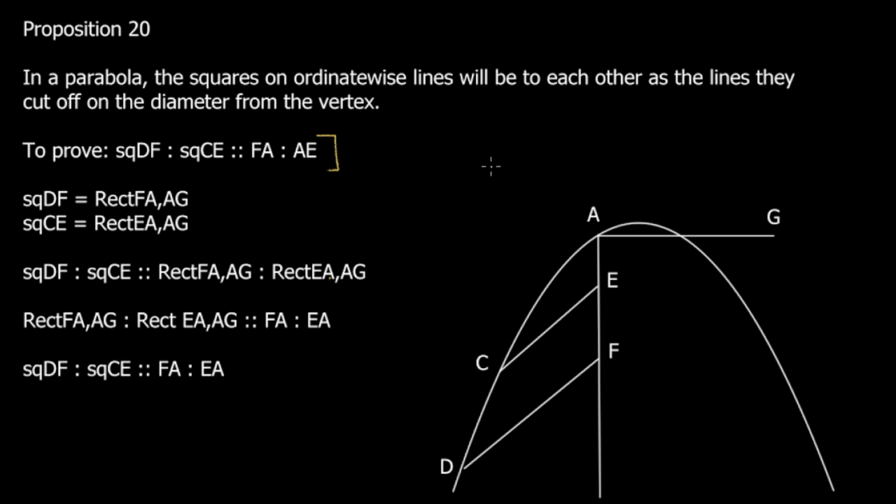And what you'll notice is that this is basically y equals x squared, kind of, right? Because this is the diameter, and the ordinate-wise lines are kind of like your x, I guess. Apollonius obviously doesn't have variables, or the concept of variables.